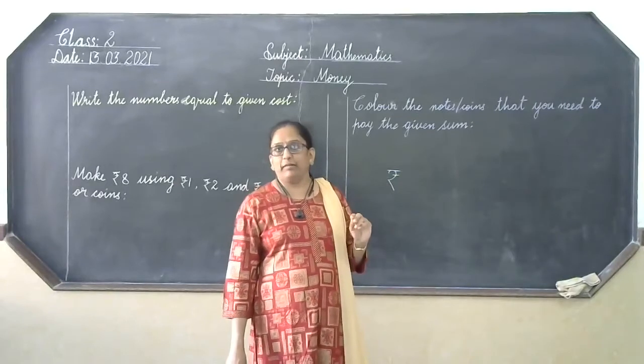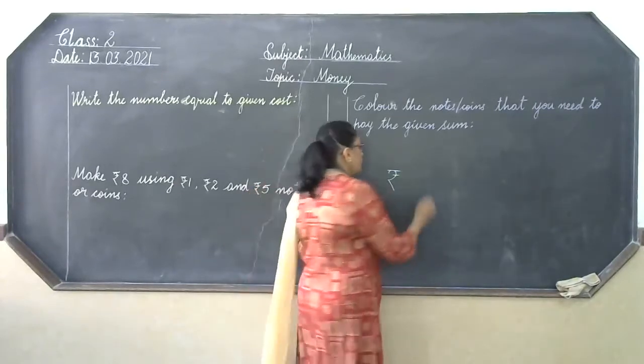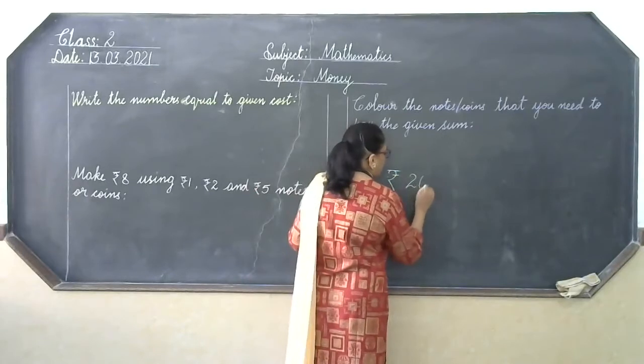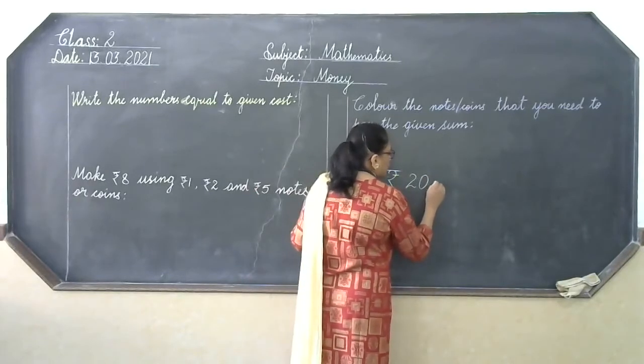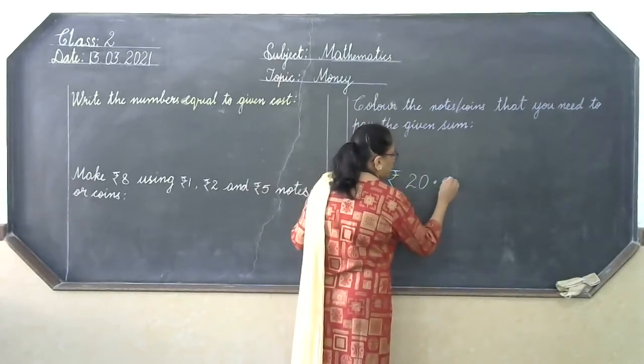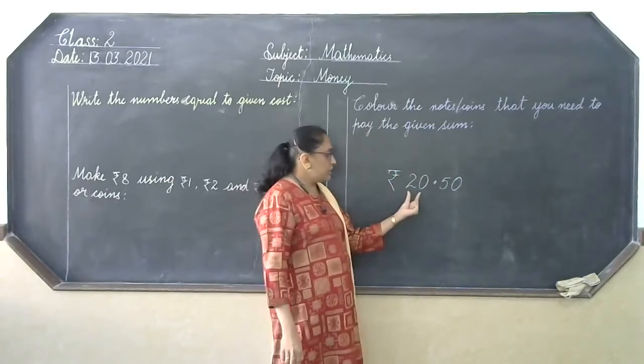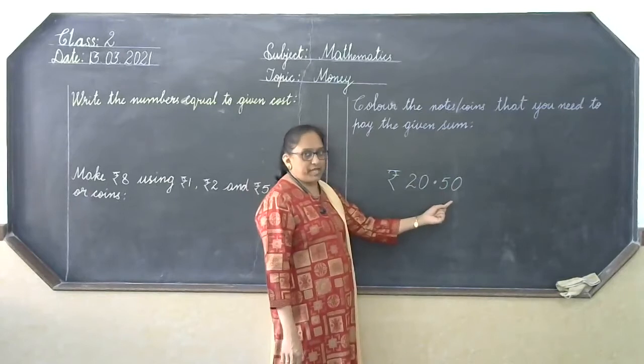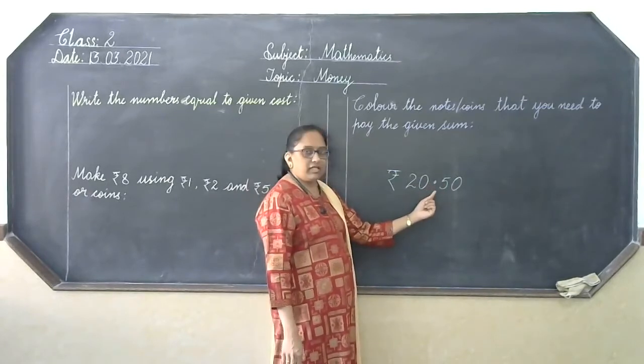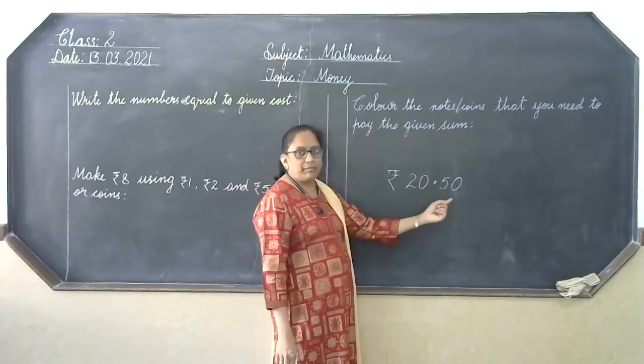For example, you will write 20, then one dot, and then 50. How do you read this? You read this as 20 rupees 50 paise. A dot is given here to separate rupees and paise.